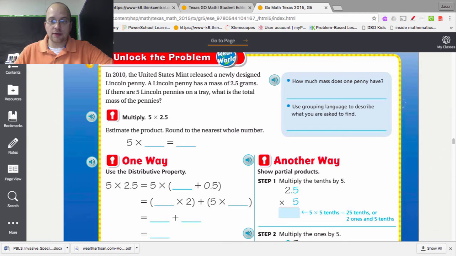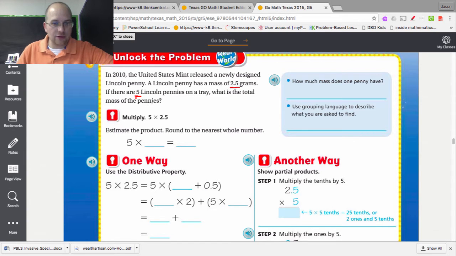And the first thing that we really need to do is take note of the actual problem. We have a number, 2 and 5/10, and we want to find what 5 groups of that number is. So it's a multiplication problem.